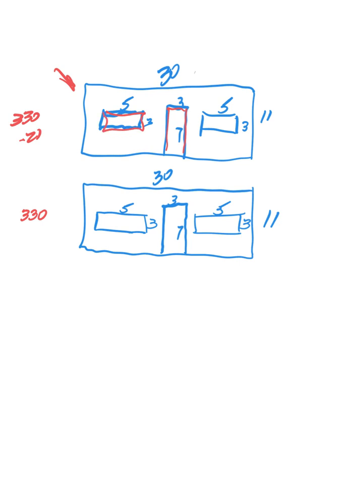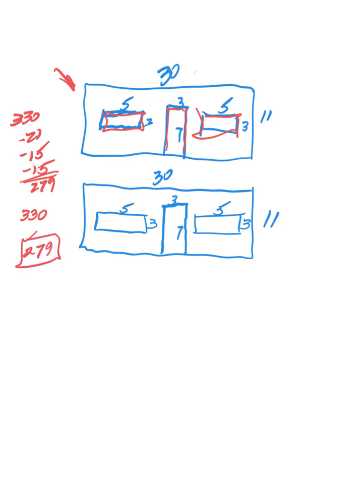This area, which is 15, and this area, which is 15. So our total area of that top wall is going to be 279. In the bottom wall, it's exactly the same, so it's also going to be 279.